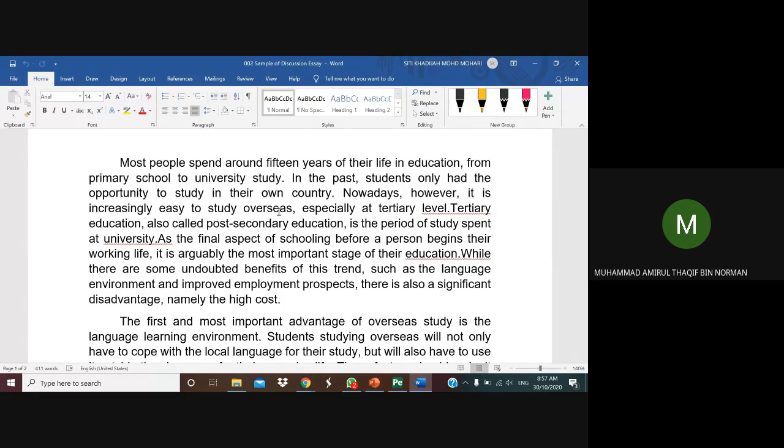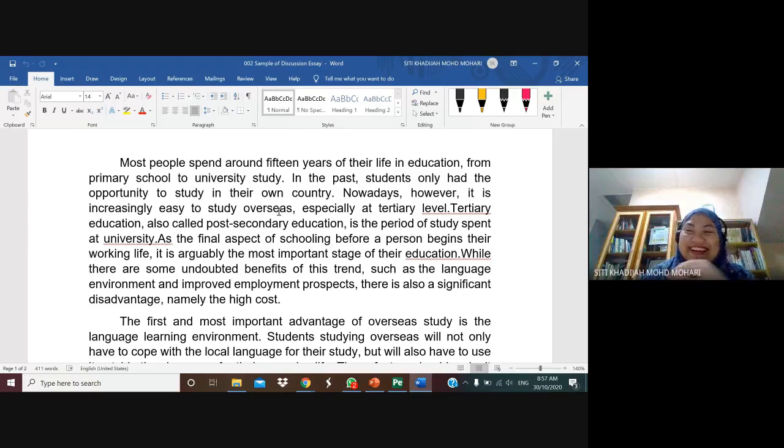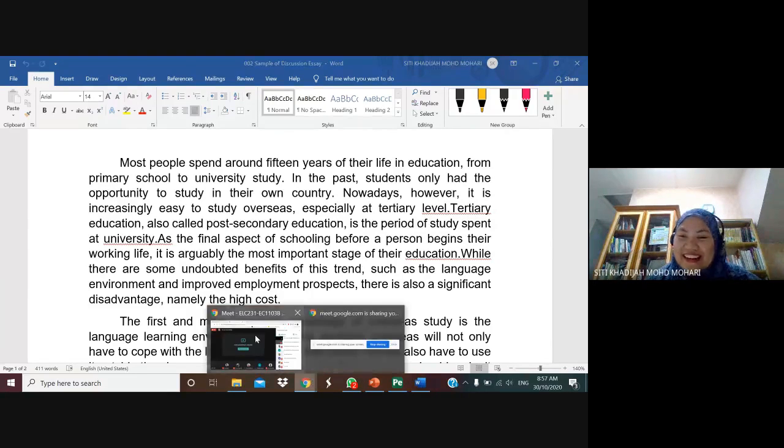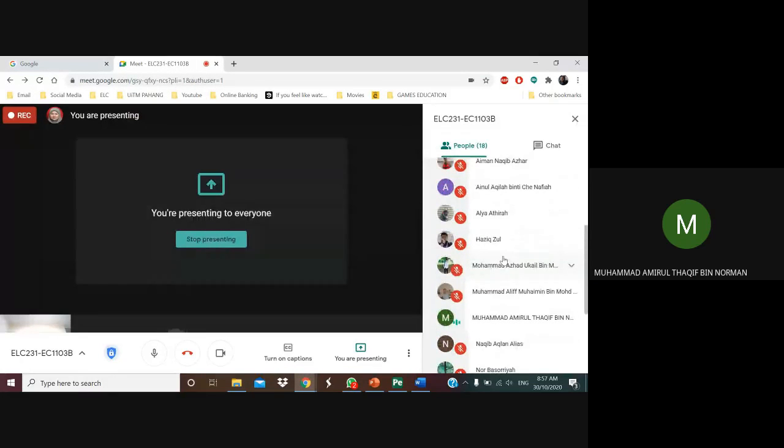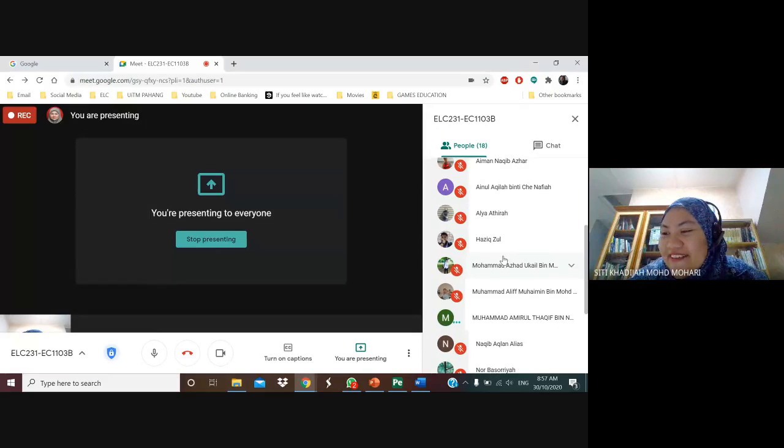While there are some undoubted benefits of this trend, such as the language, environment, and improved employment prospects, there is also a significant disadvantage, namely the high cost. Very good. Excellent. Who's talking just now? Amirul Sakif. Okay, one extra point for your final. Amirul Sakif.